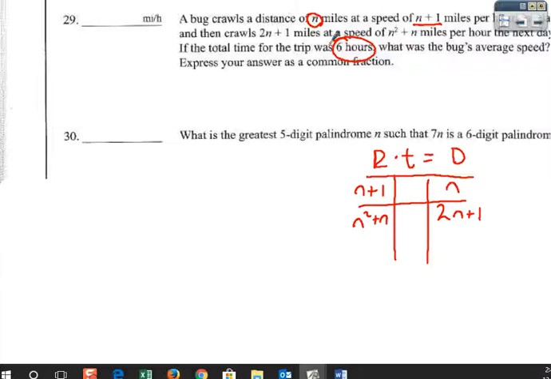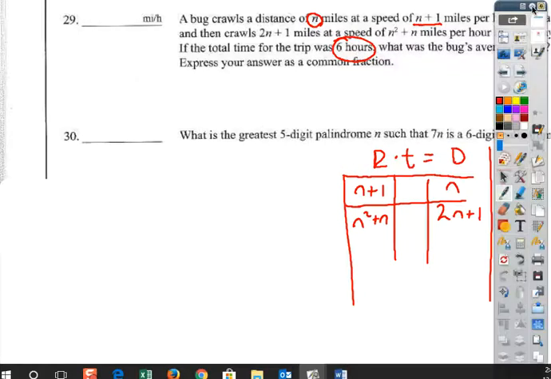So if I do a little algebra, I know that distance divided by rate is equal to time. Does that make sense? Okay. So that means, I'm going to change colors here to go with my parts. That means that n over n plus 1 will describe my first day in terms of time.